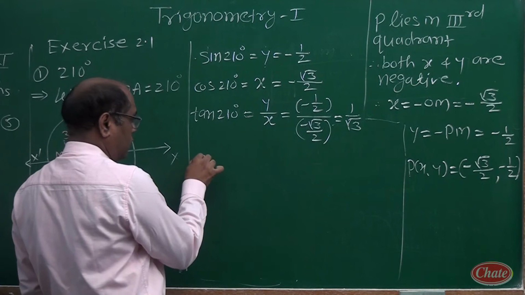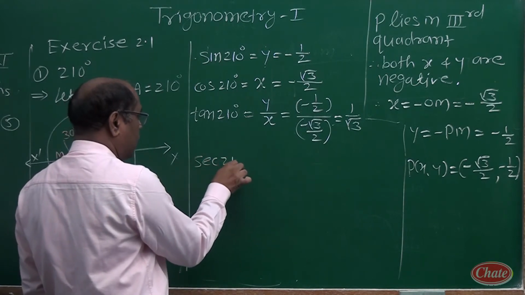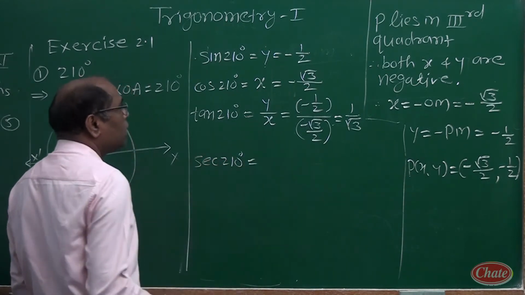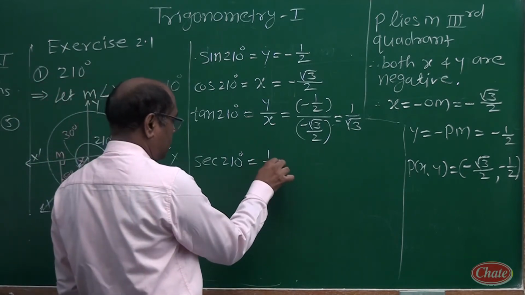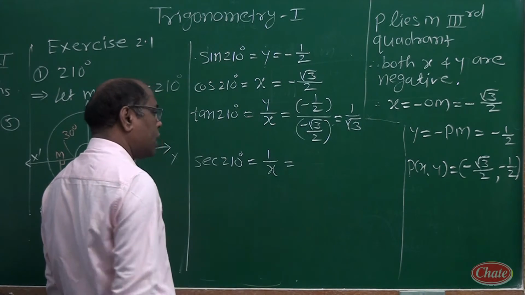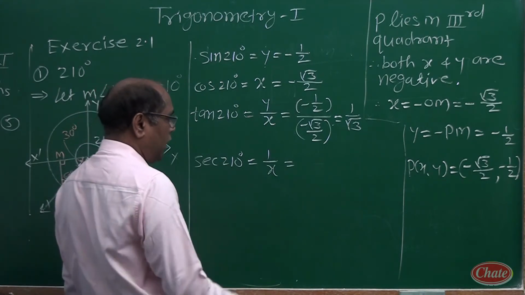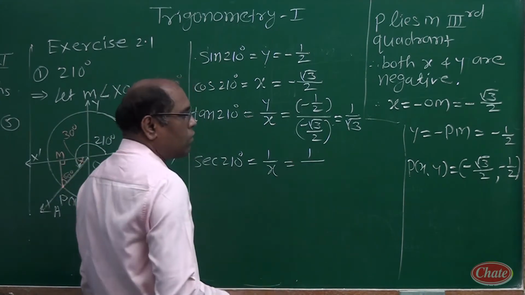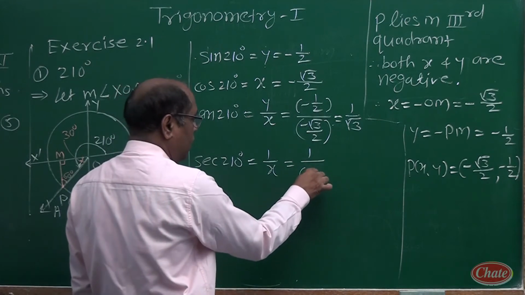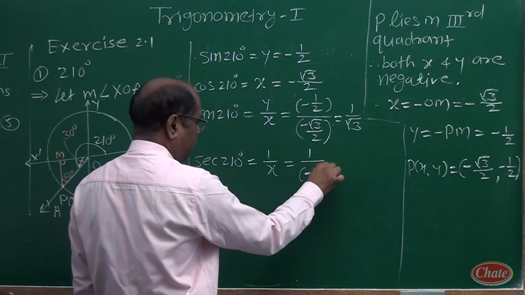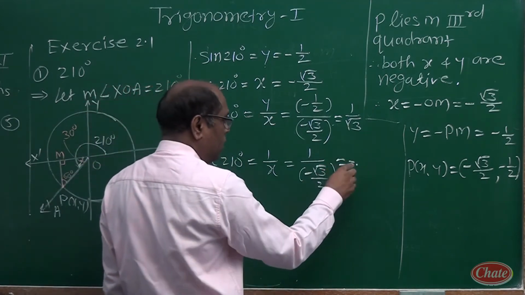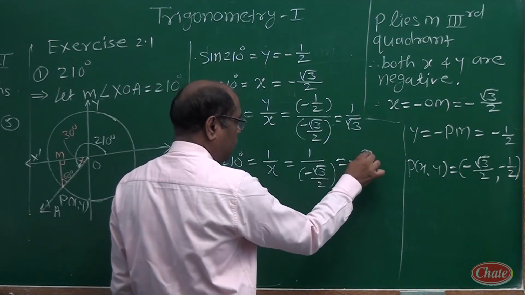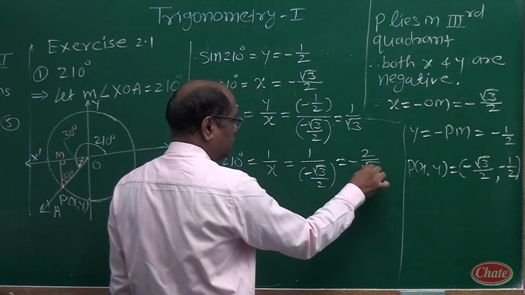Then sec of 210 degree, that is 1 upon x. So that is 1 upon, what is the value of x here? Minus root 3 by 2. So that is 1 upon minus root 3 by 2, which means minus 2 upon root 3.